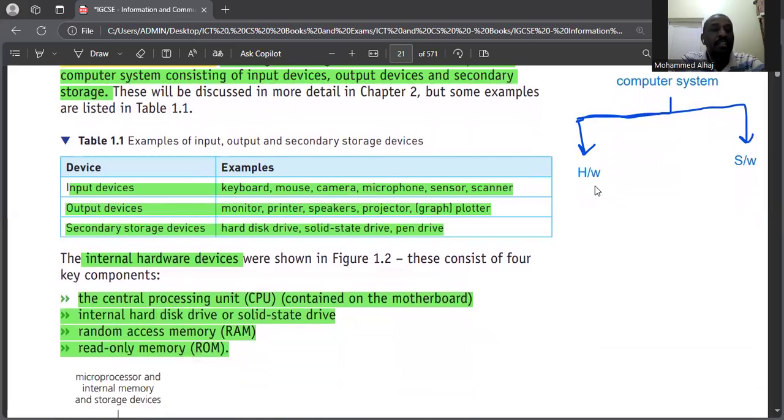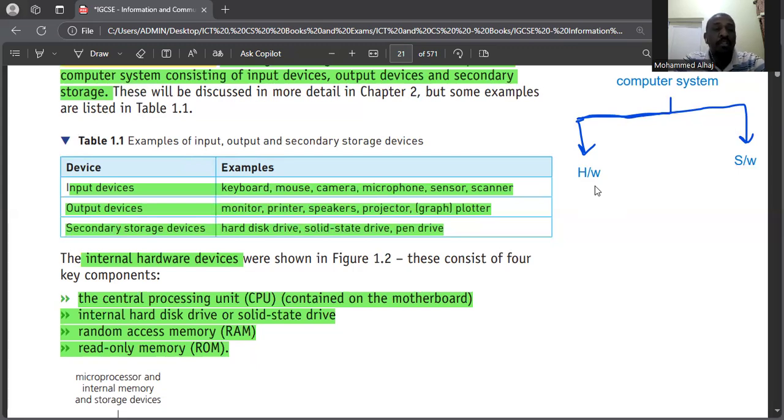As you can see in this table, the hardware is divided into three different types of devices. We have input devices, for example mouse, keyboard, camera, microphone, sensor, scanner, etc. There are other hardware devices like the output devices. In addition to that, we have secondary storage devices.